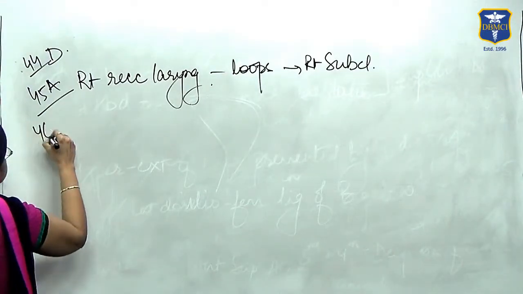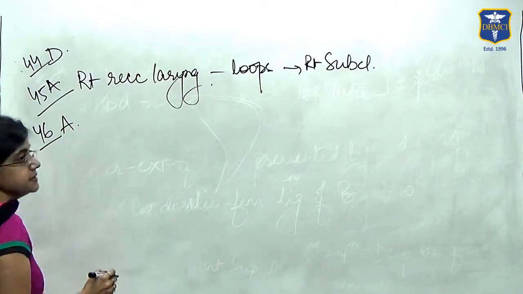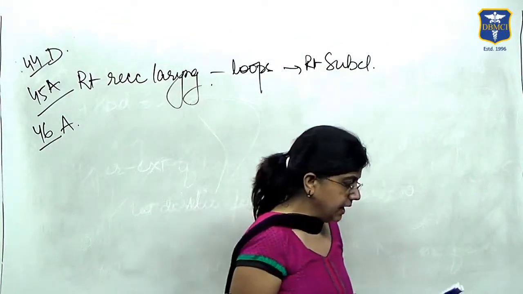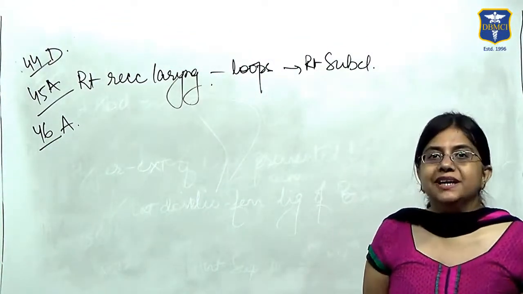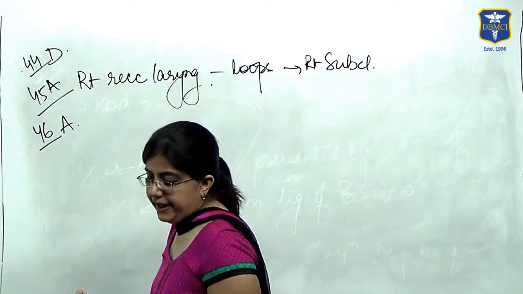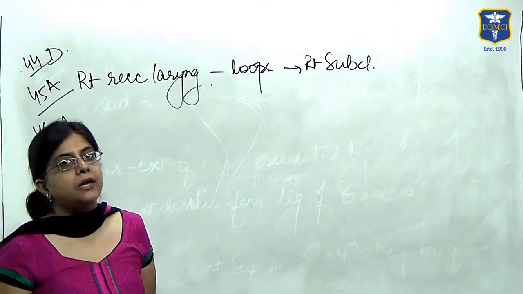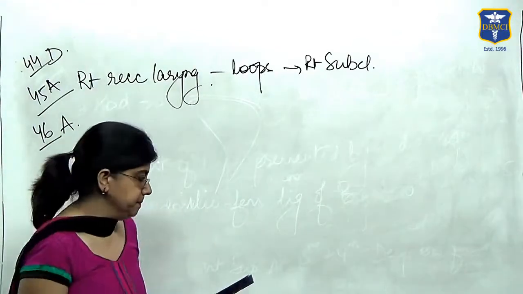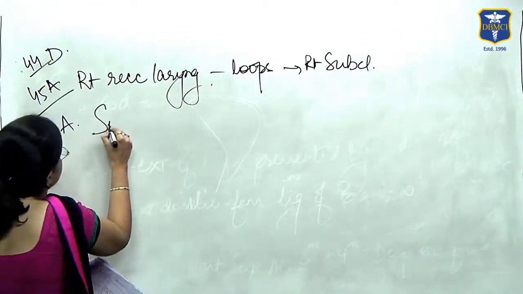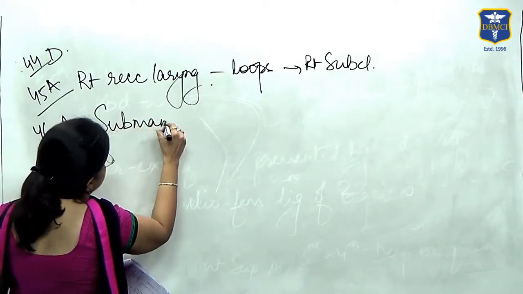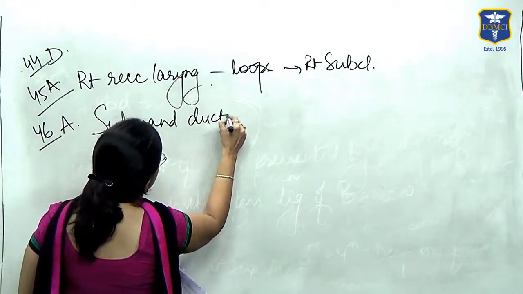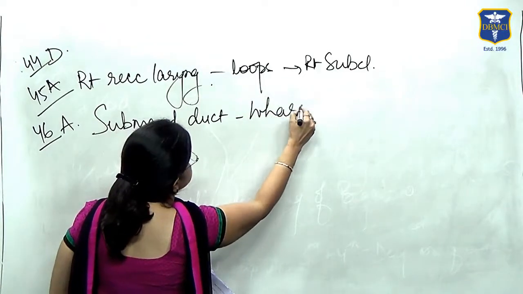Question 46, the answer is A. The submandibular gland has two parts and they wrap around the posterior border of mylohyoid muscle. The submandibular duct is also called Wharton's duct.